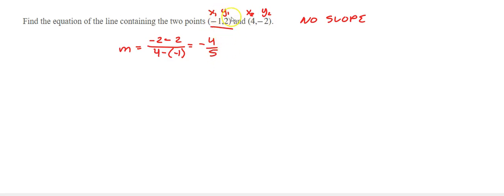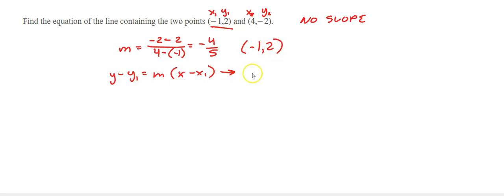I've got x1, y1. So let's plug that into our equation, which is y minus y1 equals m times x minus x1. Okay, I don't know why I'm sticking with red, but we'll go ahead and stick with it. So I'm going to be using the negative 1/2.